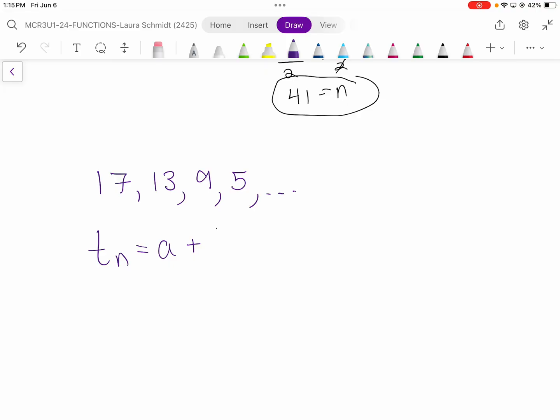So fill in all this stuff. Oh, did you already get it? No, why the negative one? Why is it n minus 1? I think because like that's your first term.